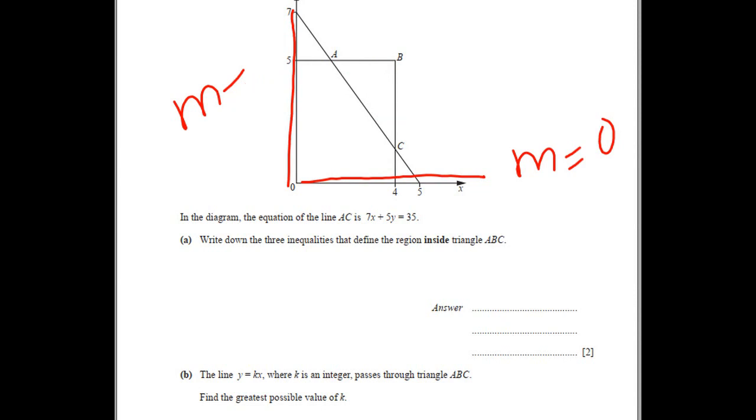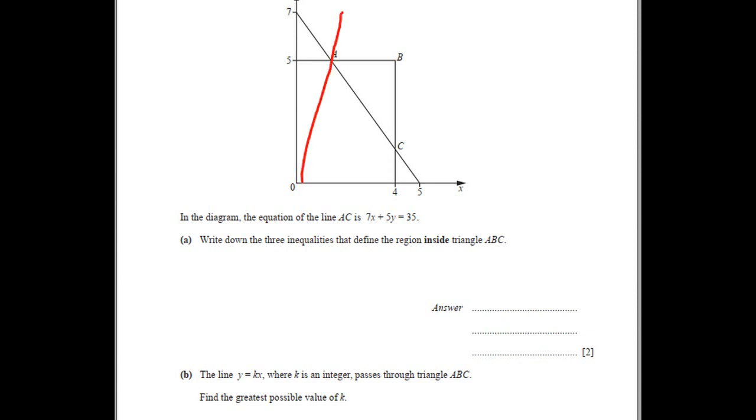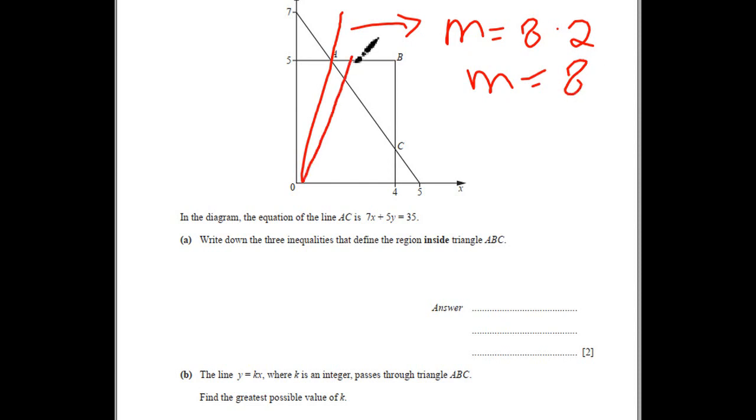So the biggest slope that can pass through this triangle will be this line, right? Passing through the origin and passing through A. So let's find the equation of this line. Plus we're also told that k is an integer. So let's say if I get m is equal to, let's say, 8.2, then I'll have to choose the lower integer value, m is equal to 8, because that will be the maximum integer value that will be passing through this triangle.